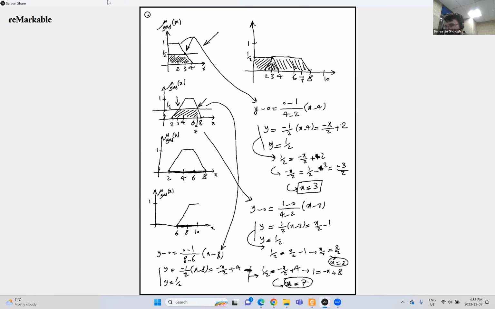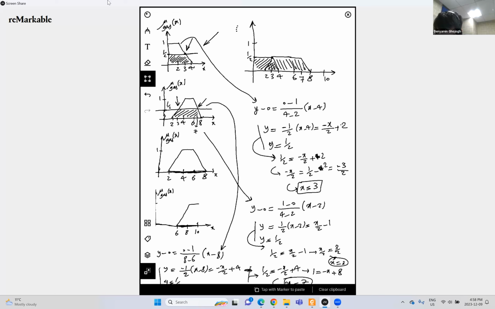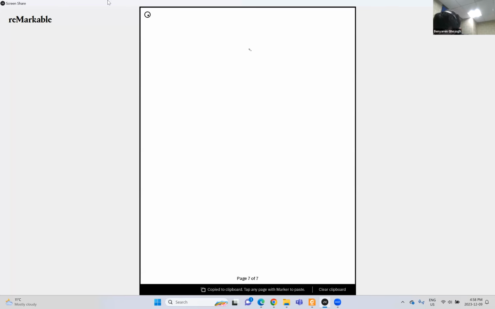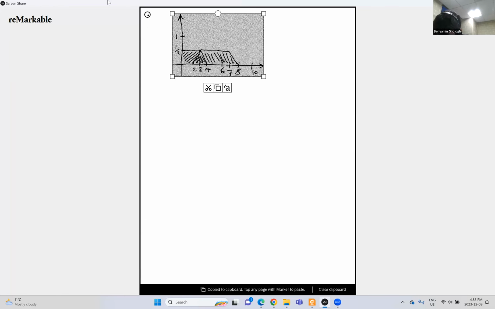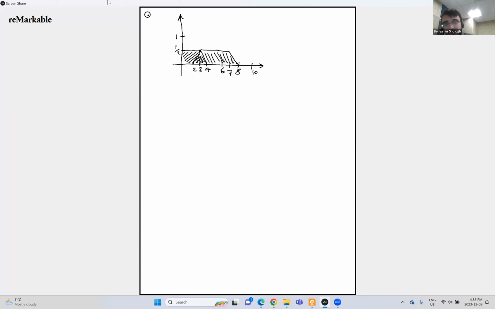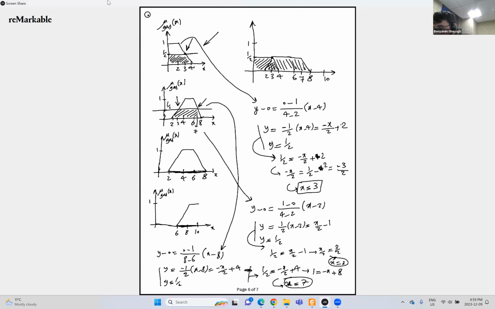Okay. Now let me copy this part. Okay, we have this. In other words, the aggregate S norm becomes this, right? The whole thing together. So what was that?